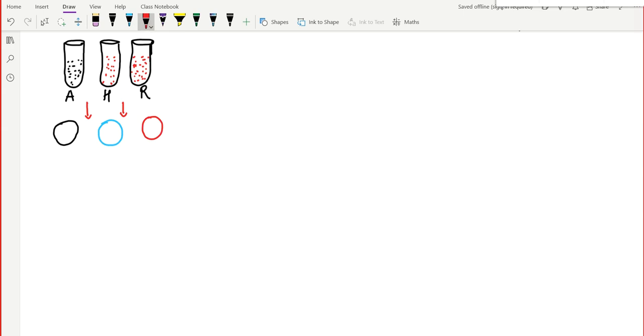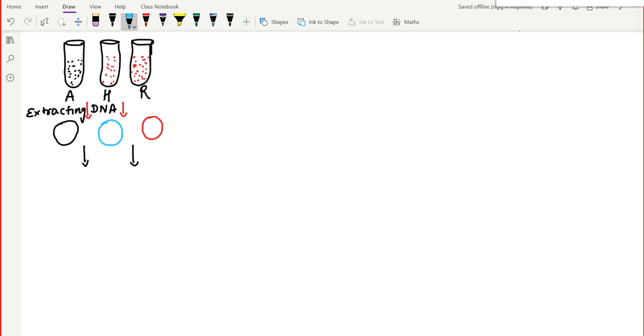Okay. Now what we'll do here is, the first step is extracting DNA. After extracting or isolating the DNA, we're going to subject this DNA to a restriction endonuclease enzyme.